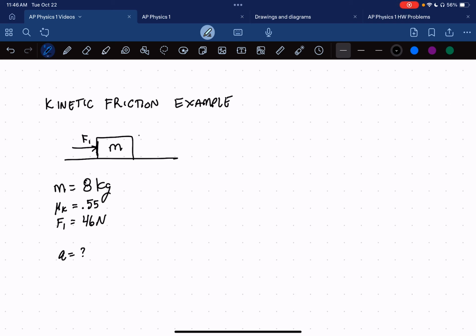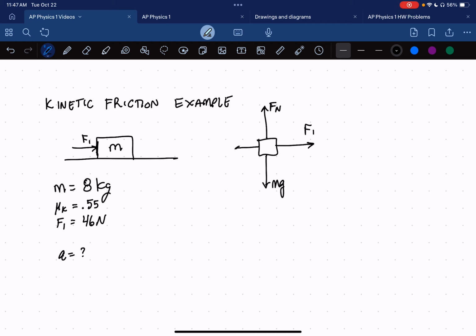And we are giving you that it is sliding. It is slipping. So first thing we should do in these cases is let's draw a free body diagram. We have mg, we have Fn, we have our pushing force F1, and it's starting from rest and it is sliding.